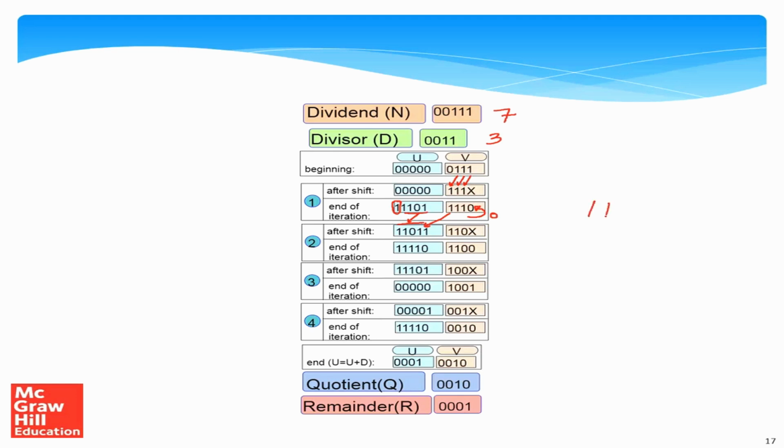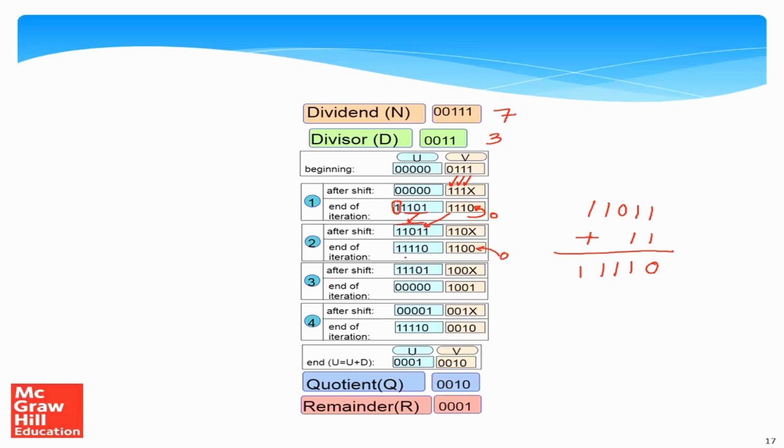So we add 1, 1, 0, 1, 1 plus 1, 1. 1 plus 1 is 0. 1 plus 1 plus 1, so 1 is the carry. 1 plus 1 plus 1 is 1. 1 plus 0 is 1. So we have 1, 1, 1, 0. Again, this number is negative, so the quotient bit that we set is 0.